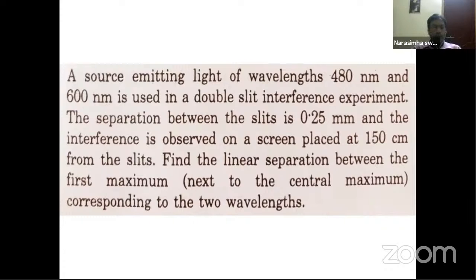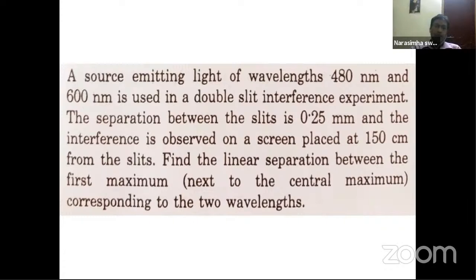The separation between the slits is 0.25 millimeters, and the interference is observed on the screen placed at 150 centimeters from the slits. Find the linear separation between the first maximum next to the center maximum corresponding to the two wavelengths.